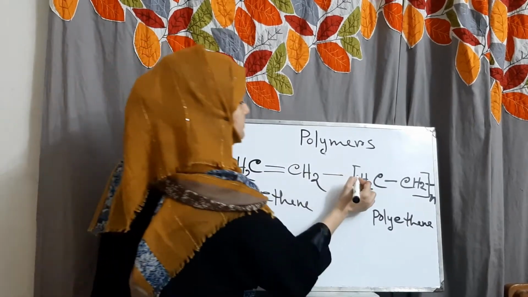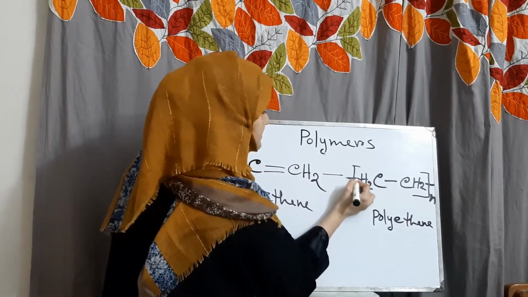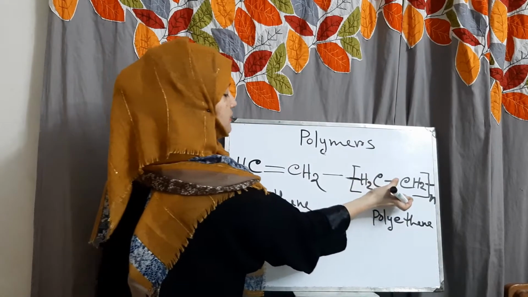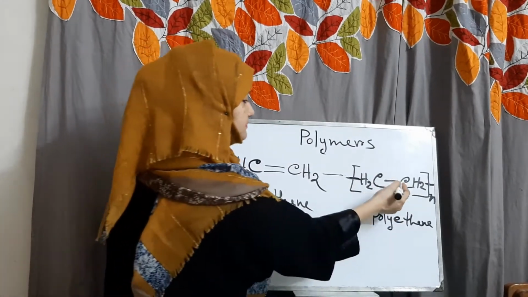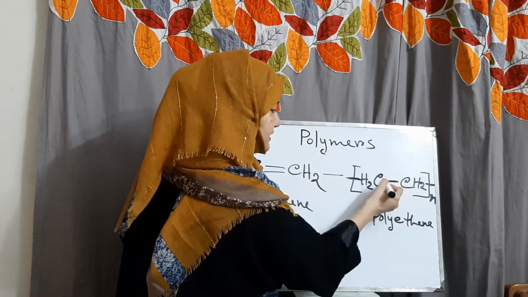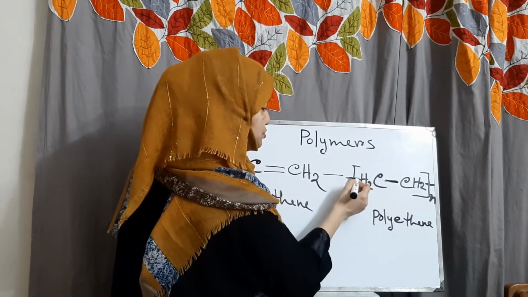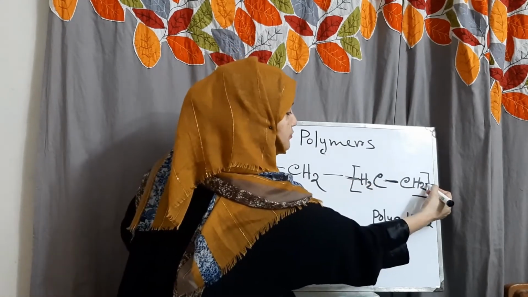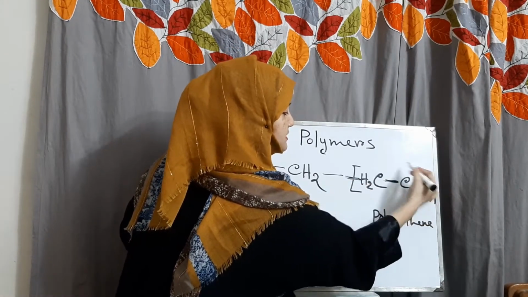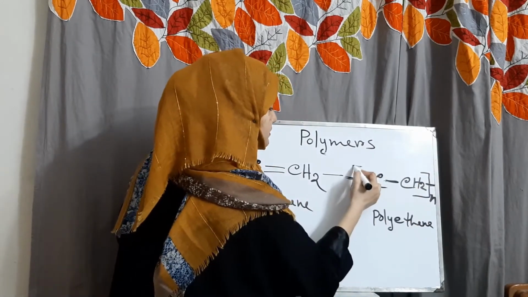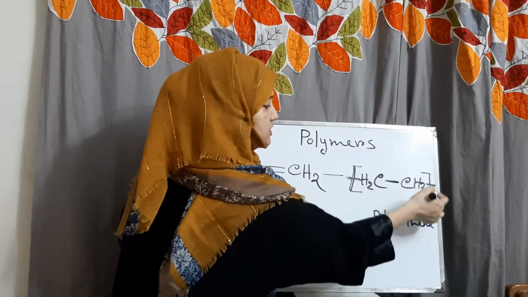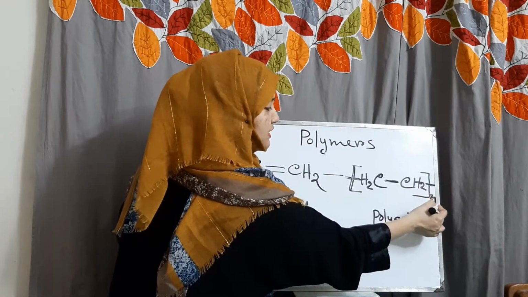Okay, then look at this. This will have to be clear to you. In the middle, a single bond, and two more bonds coming from this unit, and then we have to put a third bracket with this small n.